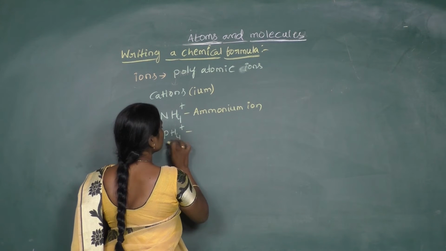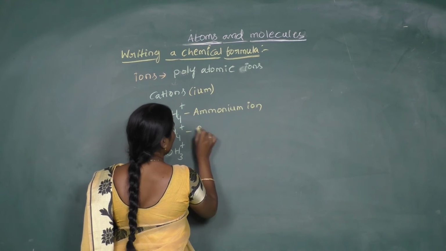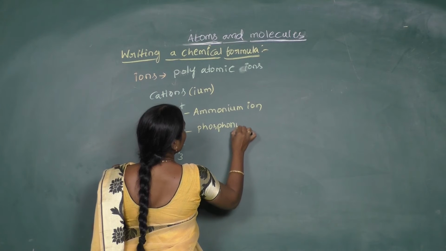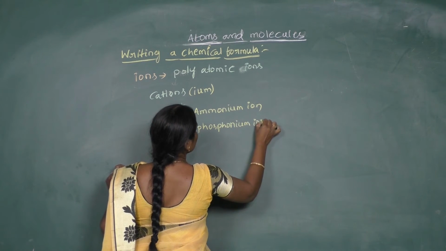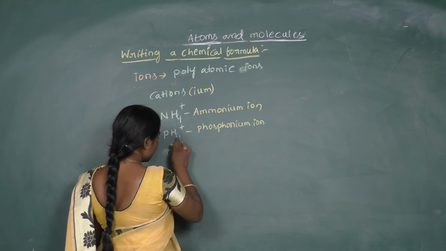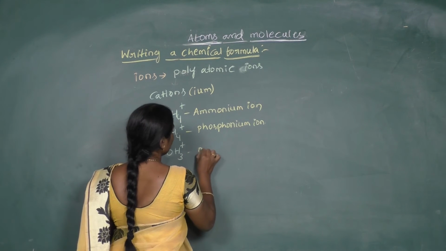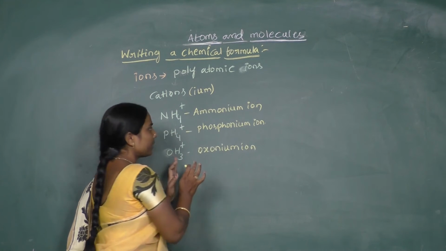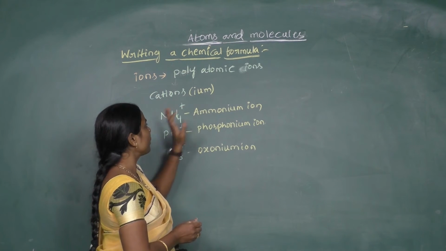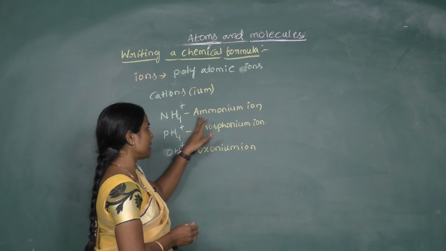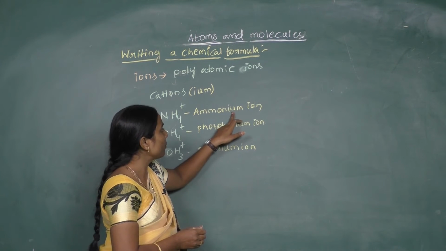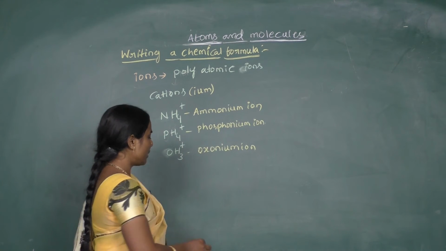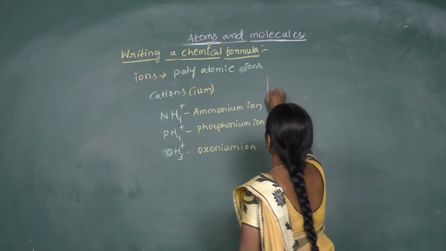Similarly, PH4+ is derived from phosphine, so we call it phosphonium ion, and H3O+ is derived from water, so we call it oxonium ion. The common thing in all polyatomic cations is that the name ends with IUM: ammonium, phosphonium, like this. Similarly, we will now go to anions.